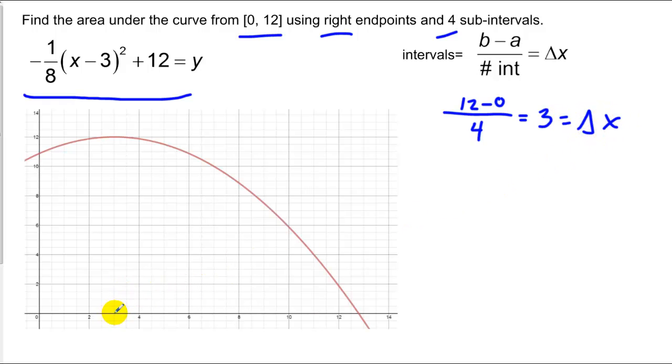So every 3 units I'm going to go along this axis and draw rectangles at 3 units apart, and then I'm going to identify the rightmost part of the curve at that interval in each point and use that as corners of rectangles, and then calculate those rectangular areas.